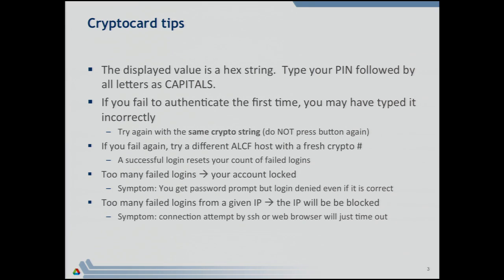You might want to try, let's say, Mira instead, because if the problem was just something going on with Vesta at the moment, and you successfully log into Mira, it will reset your count of the number of failed logins. Which is good, because then you won't get locked out. When you exceed some unknown, unpublished number of failed logins, you get locked out for a while.